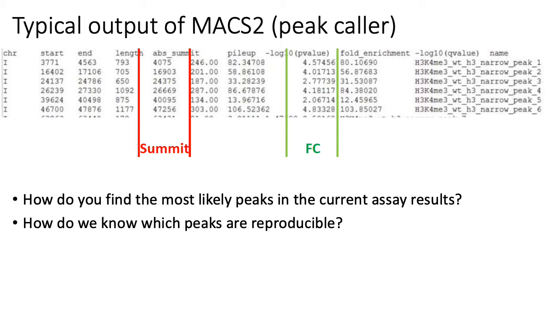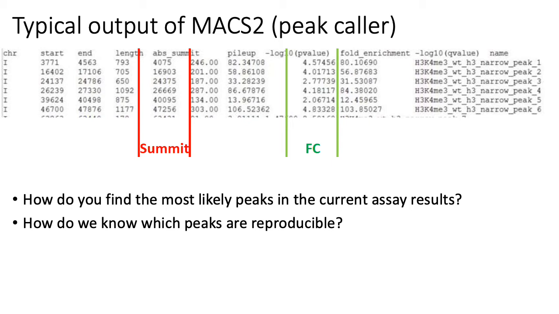And so that's basically the amount of signal you saw in your ChIP-seq assay divided by the amount of signal you saw in your control experiment. And so the larger the fold change, or the larger the fold enrichment is, basically that means the relatively larger the signal was in your ChIP-seq assay versus your control.